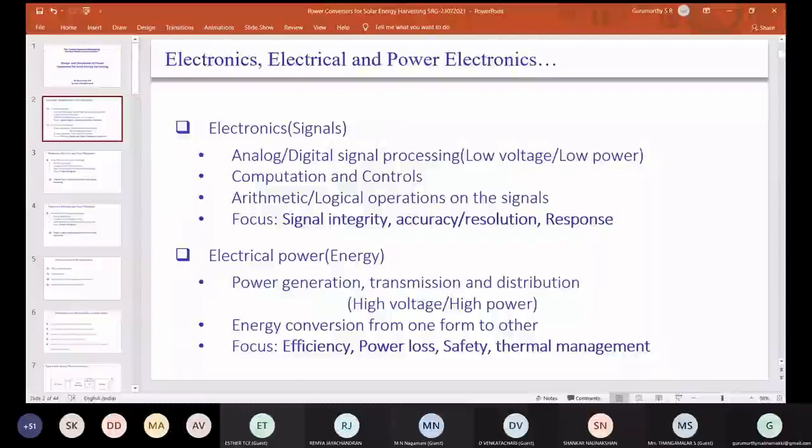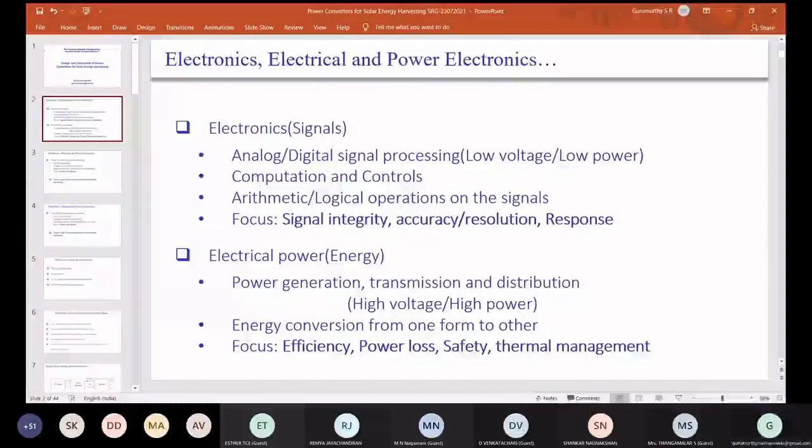Yes, sir. Fine. Okay, so the electronics discipline deals with analog and digital signal processing basically at low voltage and power, and computations, controls, then arithmetic and logical operations on the signal. So basically we concentrate on signal integrity, accuracy, resolution, and the response to various frequency components.